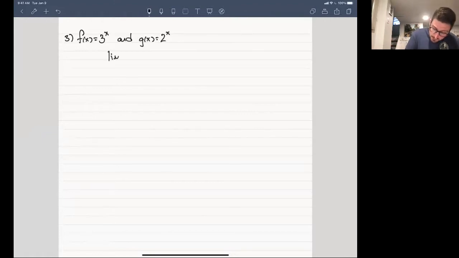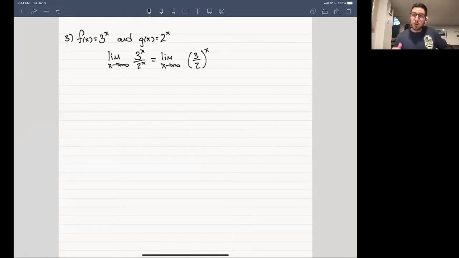But if you plug this into the limit here, you get 3 to the x over 2 to the x, which is equal to, you can put this as 3 over 2 all to the power of x. Now 3 over 2 is larger than 1. So now you've got another exponential function.